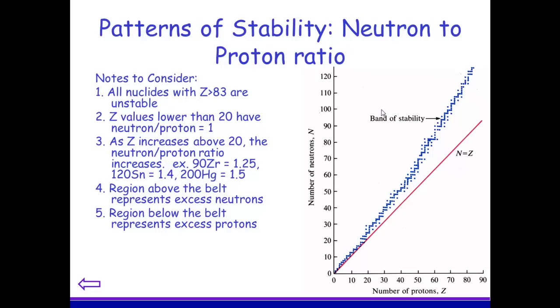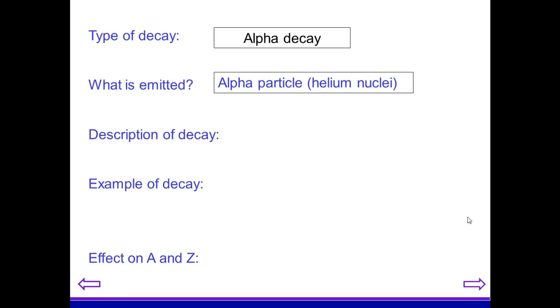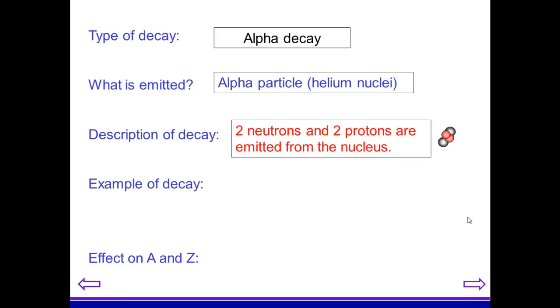So we'll just think to start off with what's being given off and the change for the nucleus. So to start off with, one option which we could have would be what is known as alpha decay. Alpha decay would emit an alpha particle, which is a helium nucleus. So that means it's made up of 2 protons and 2 neutrons, and they're emitted from the nucleus.